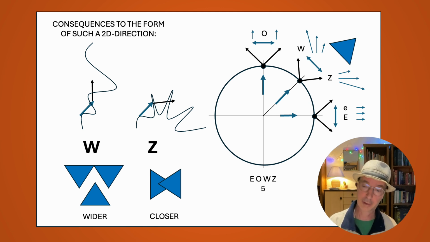The deeper cause, not just a geometrical order, but the deeper cause why we associate these letters with these kinds of orientations, that's another chapter. I'm not going to talk about that.